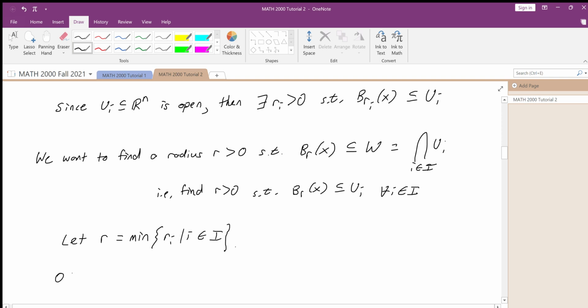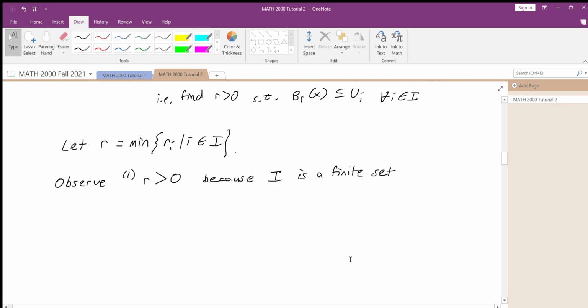And I want us to observe something. Number 1, the radius, the minimum of these Ri's, is strictly greater than 0. And that is because I is a finite set. There are only so many elements greater than 0. The minimum of them will still be greater than 0.